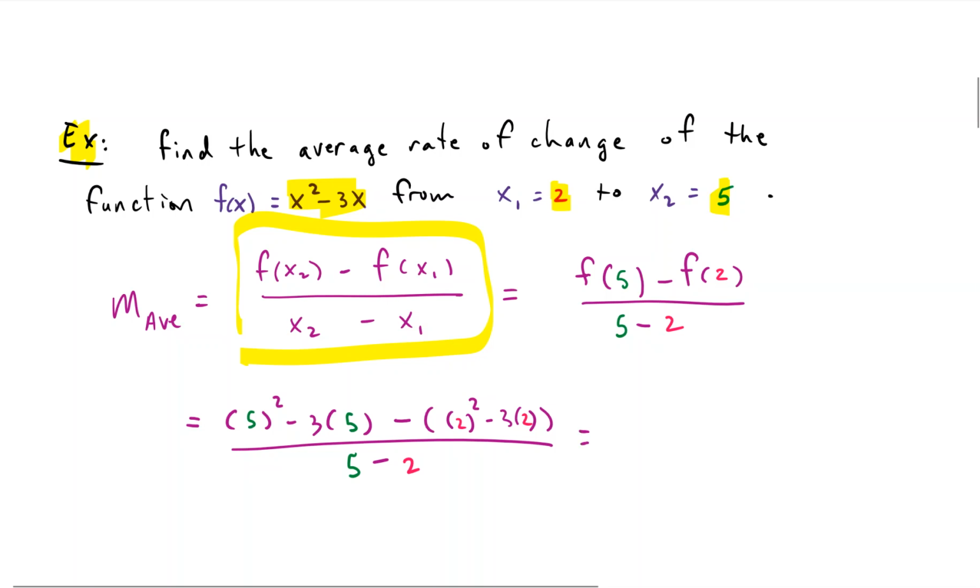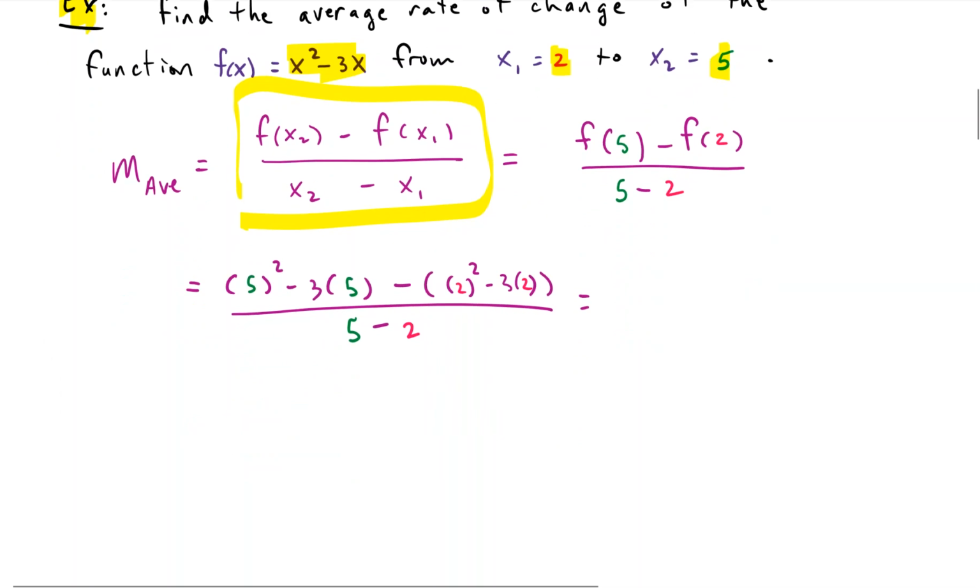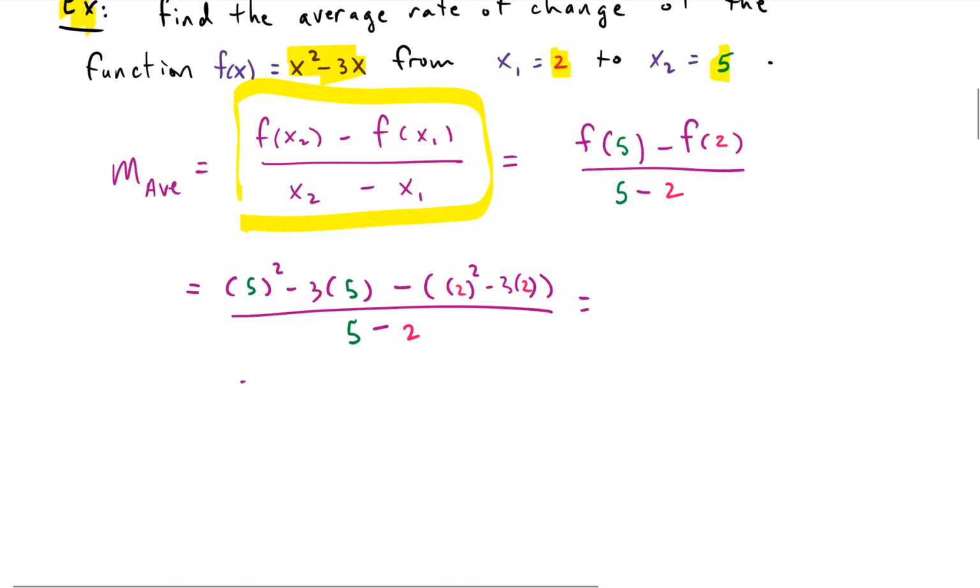So that gives us 25 minus 15 minus 4 minus 6. This is all over 3, because 5 minus 2 is 3. That gives us 25... that's not a good 5.